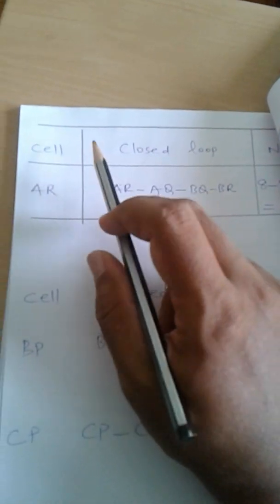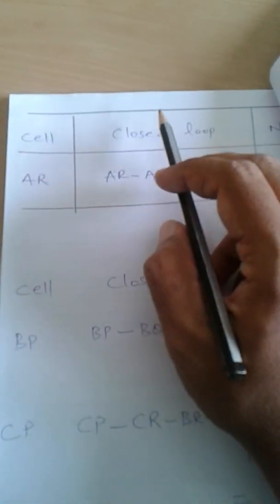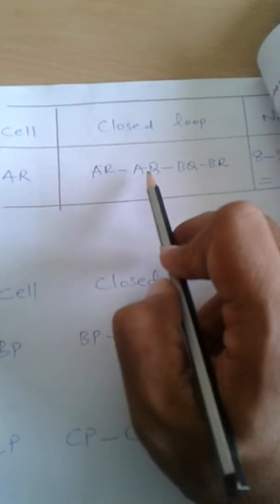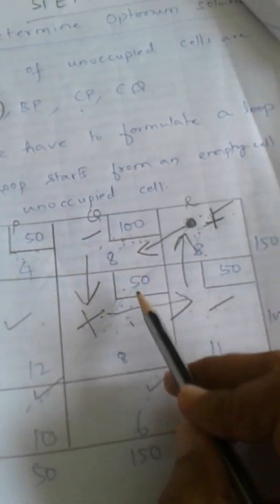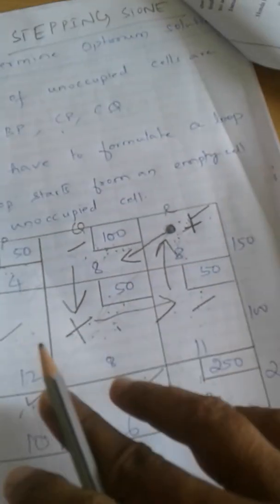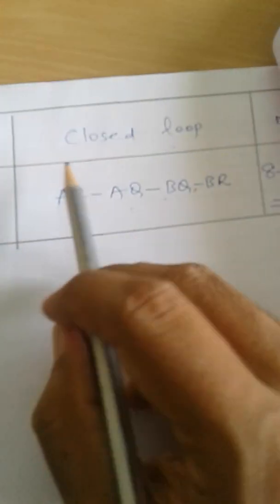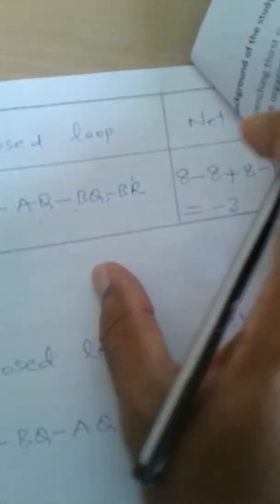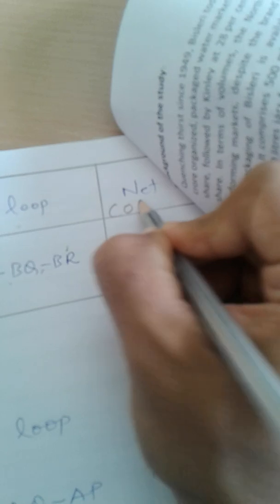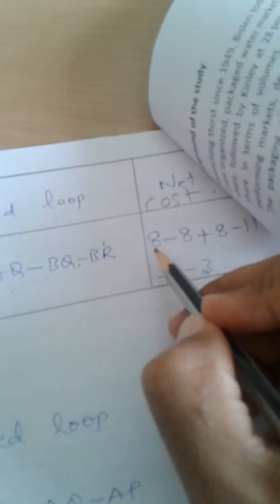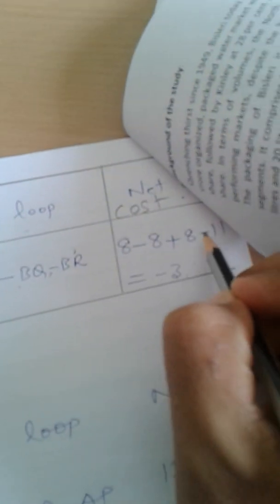Okay, now for cell AR, closed loop is AR, AQ, BQ and BR. So if you have to see, this is net cost. Net cost is nothing but 8 minus 8 plus 8 minus 11.